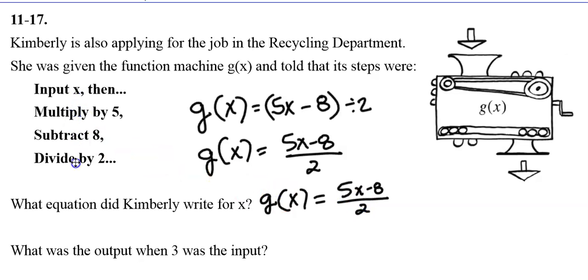Each time you go through a step, it gives you a value, and you have to keep that value consistent. So we put in x, multiply by 5, subtract 8, then whatever number we get, we divide by 2. It's just like a calculator, but after every step you put in, you hit equals.